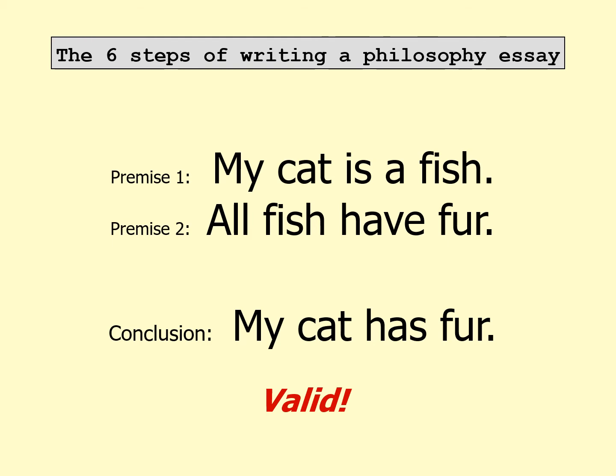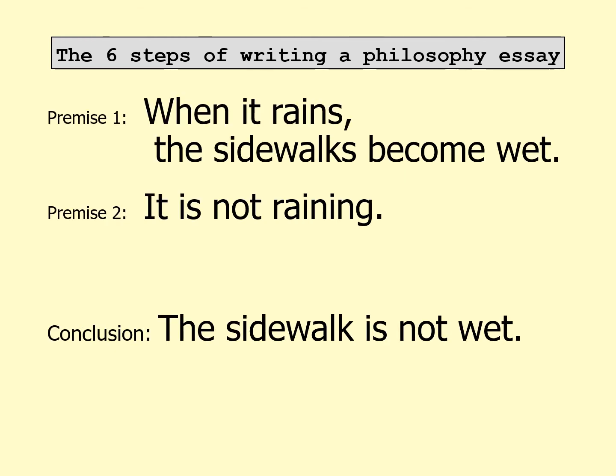And what about this one? Premise 1 is true. When it rains, the sidewalks become wet. Premise 2, it is not raining. Imagine that the time premise 2 is uttered, it is not raining. So premise 2 is true as well. Also, imagine that the time the conclusion is uttered, the sidewalk is not wet.